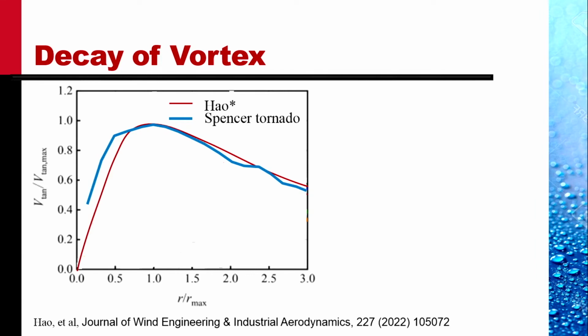This graph shows the actual radius versus velocity of an actual tornado, which is known as a Spencer tornado in literature, and a predicted model by Howe, which has been published recently.